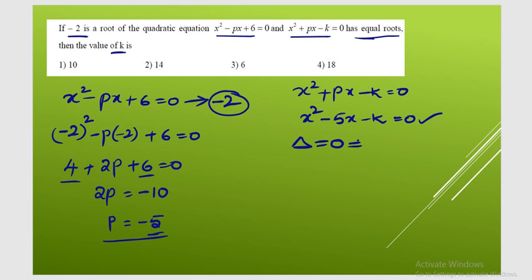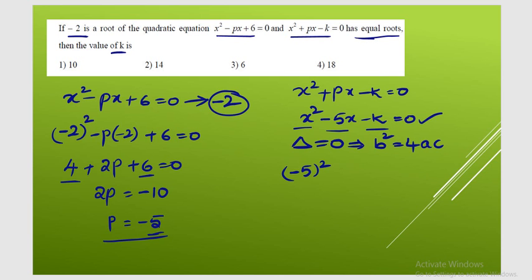So discriminant equal to 0 means b square is equal to 4ac. This condition has to be satisfied, right? So what is b, what is a, and what is c? a is nothing but x square coefficient, b is nothing but x coefficient, c is constant, right? So when I replace these values, what I am going to get?